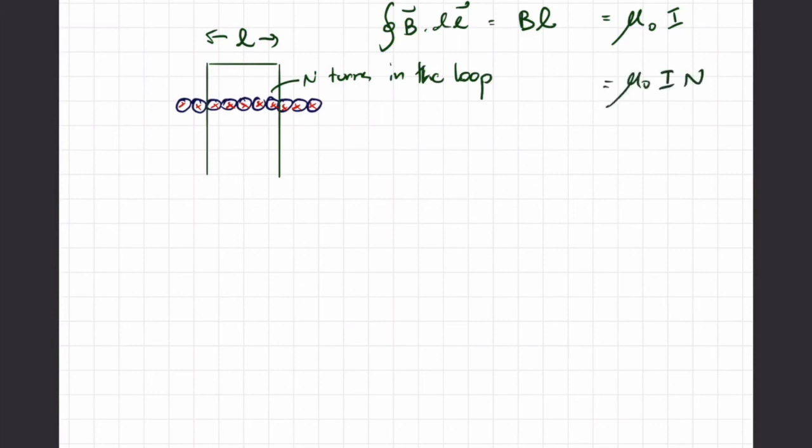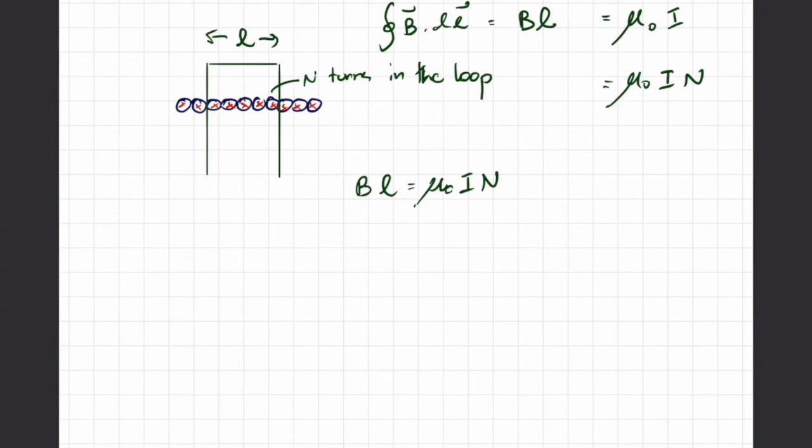This n and this n are the same, the number of turns in the loop. So we have B times L equal to mu 0 I n.